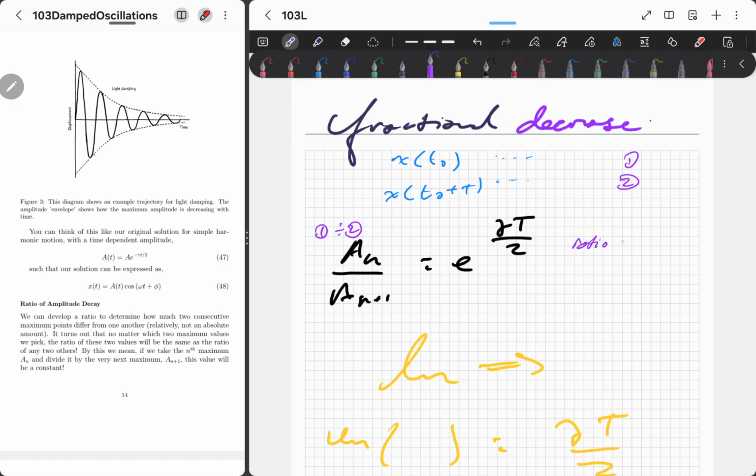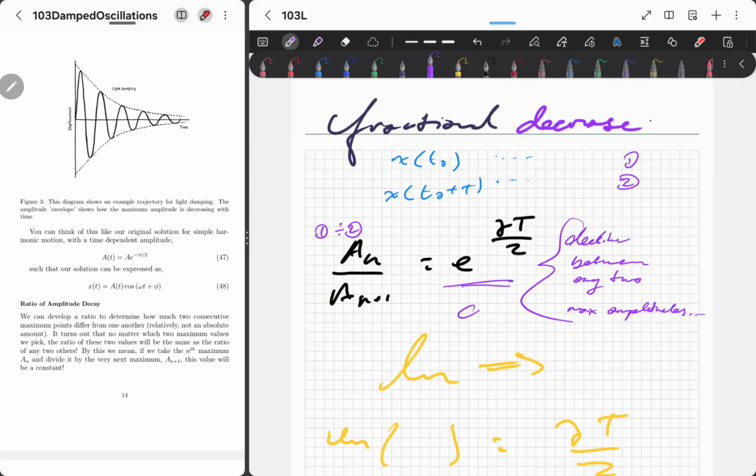So it's an interesting fact about light damping. The decline from one max amplitude to the next one, or this one to this one, is always a constant value. You can pick the first and the second, the fifth and the sixth, the 1 millionth and the 1 millionth and 1. You divide any of those, you will have the same constant decline, okay?